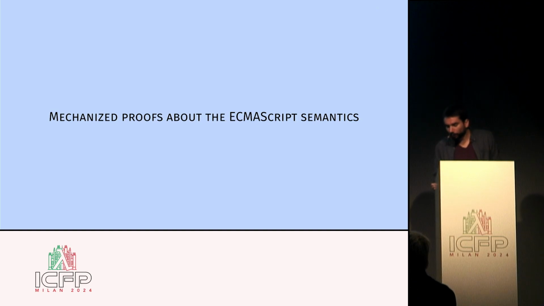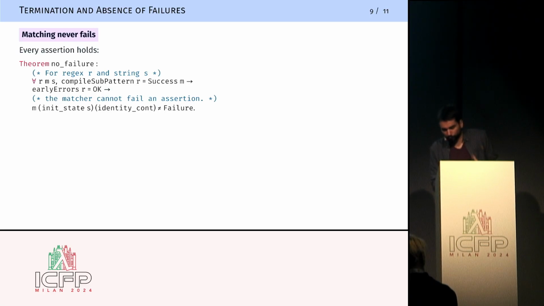And now that we have this Coq mechanization that we can also execute, it's also time to do some proofs about them. And so, of course, we can try and prove properties about the ECMAScript specification itself. Now that we encoded all of these assertions and all of these array accesses, we can finally prove that none of these are going to fail.